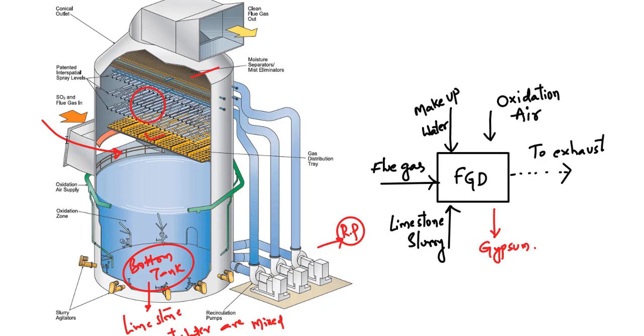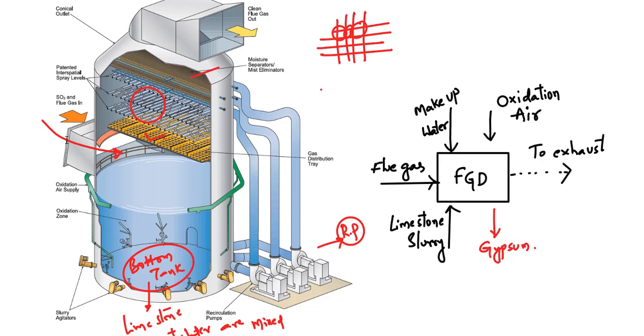As a result, here one gas distribution tray is placed. The structure will be like this. Here it contains small holes where gas is eliminated from these holes.